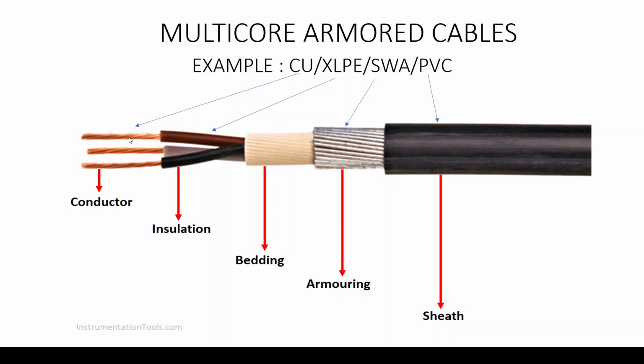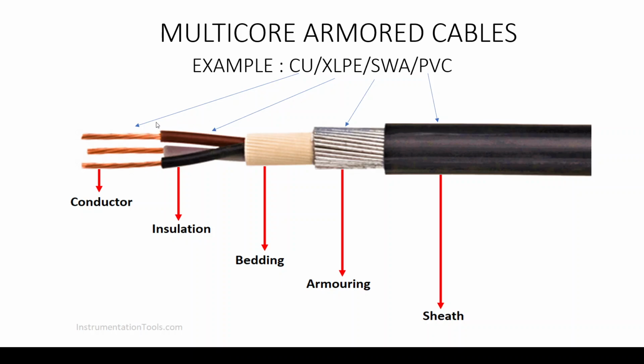As you can see, you start with the conductive part, which is copper. Then you move to the insulation, which is directly above the conductor. This is in this case XLPE, cross-linked polyethylene. This can be either XLPE or PVC, but XLPE is the most commonly used type.